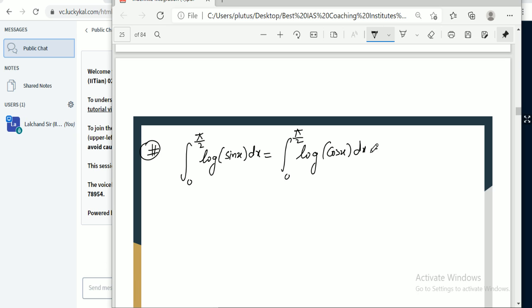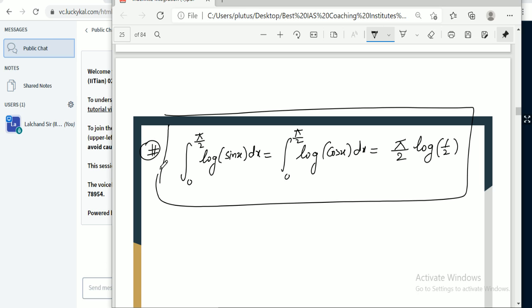Can anyone tell me what is the value of this result? The value of this result will be pi by 2 log of 1 by 2. This is an important result, try to remember this. Sometimes we use this result directly while solving questions.